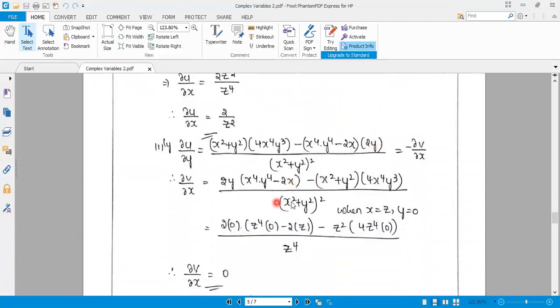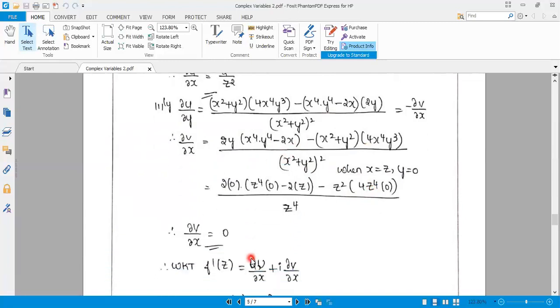So it will be x square plus y square the whole square in the denominator, 2y into x power 4 minus y power 4 minus 2x minus numerator into differentiation of denominator. After substituting x equals z and y equals 0, the entire term vanishes in the numerator, therefore it is 0.